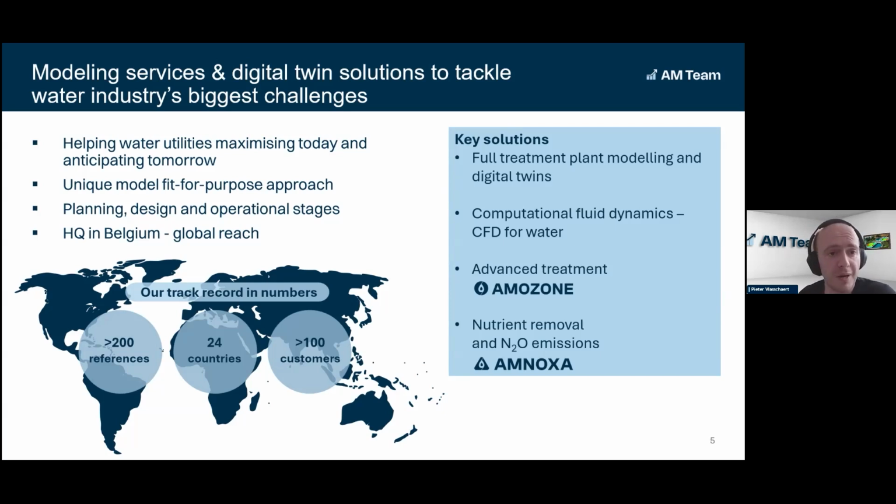CFD, which is all about computational fluid dynamics and how the water flows in a reactor, how everything mixes, how particles mix, etc. And then two key solutions are AMOZONE, which is the topic of today, which is all about advanced treatment, but also AMNOXA, which is all about biological nutrient removal and optimizing effluent quality, minimizing N2O emissions, and optimizing the efficiency of plants. But today the focus is, of course, on the AMOZONE part.